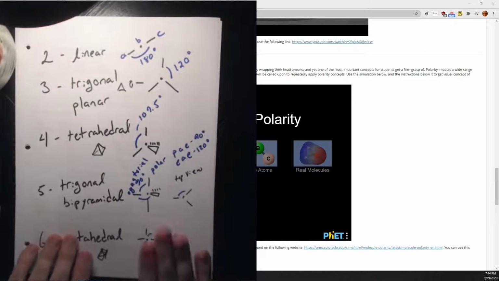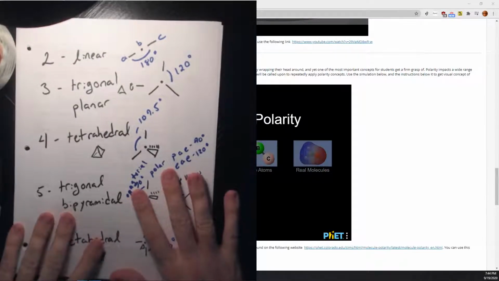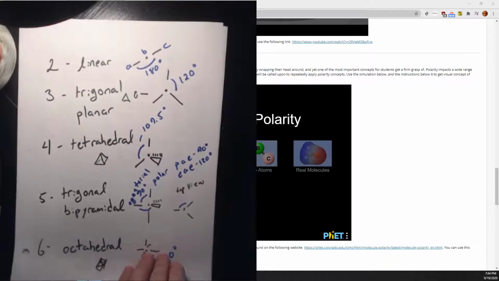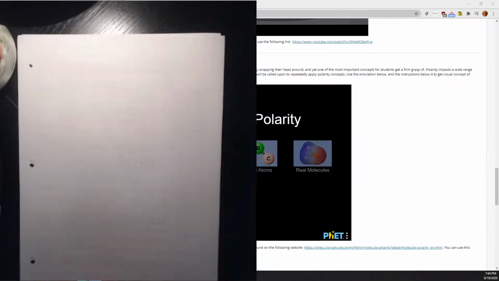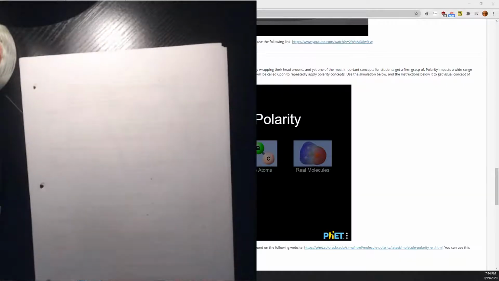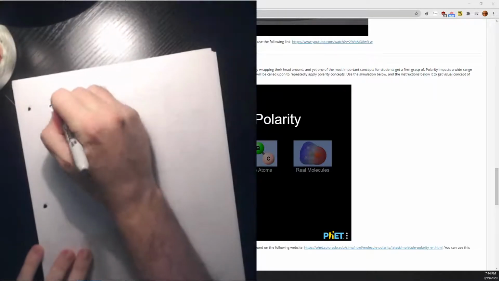All right, so how do we modify these? Okay. These basic shapes are assuming that all of your electron domains are single bonds, basically. The simplest way to alter these is by changing some of them to non-bonding pairs. So we'll start with 3.